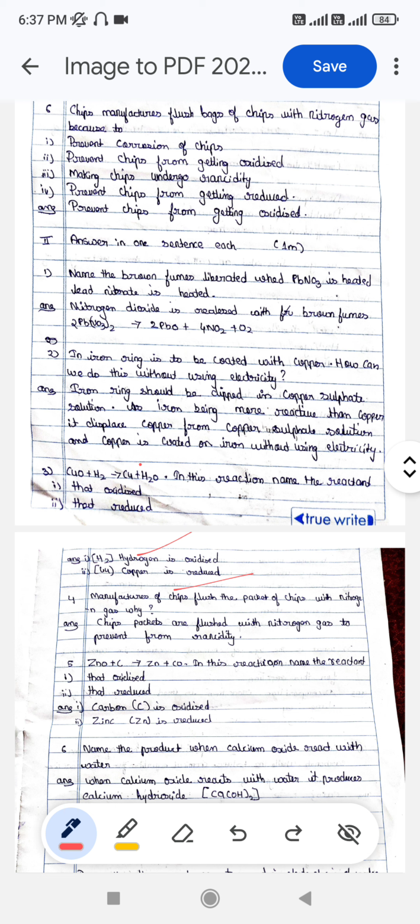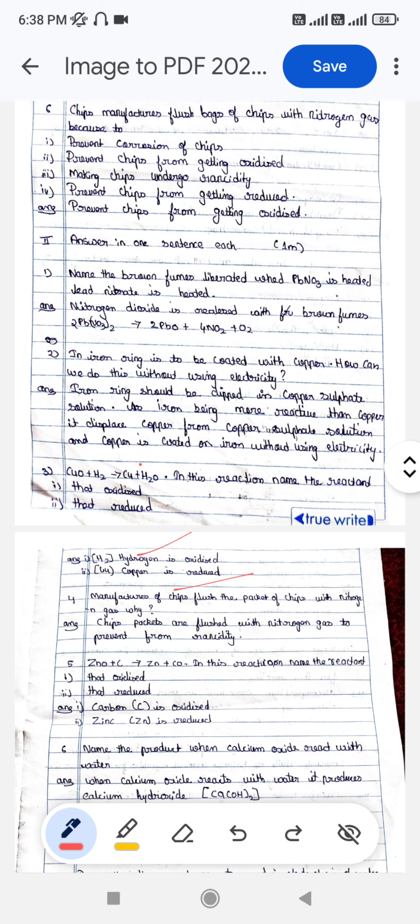For that reason nitrogen gas is flushed with all kinds of food, for example chips packets and pickles, to prevent oxidation. If the food contacts oxygen, it will be spoiled and the taste and smell will change. To prevent this, manufacturers add nitrogen gas to the food packets, right?